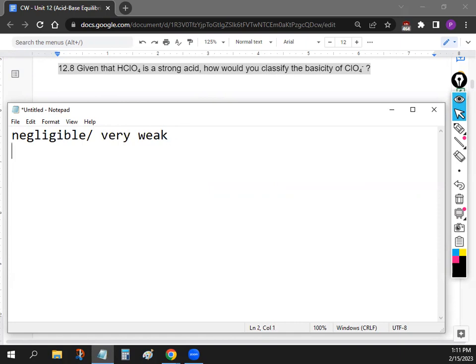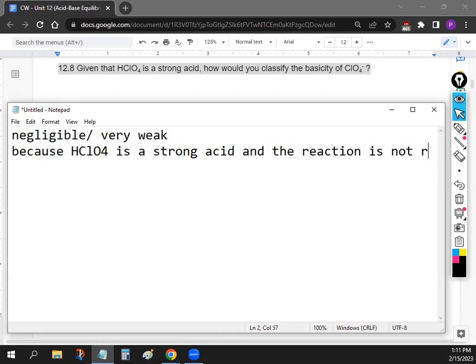Because HClO4 is a strong acid, and the reaction is not reversible. Something like that. As long as you talk about how HClO4 is a strong acid, strong acids don't like coming back together. If you want to mention Taylor Swift, go ahead. It'll probably give the AP reader a chuckle.